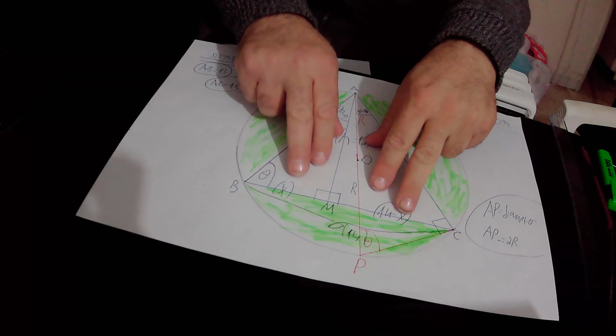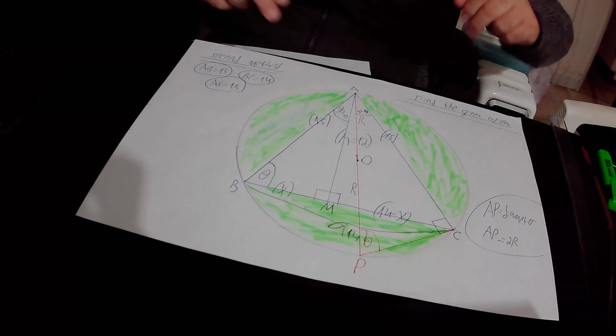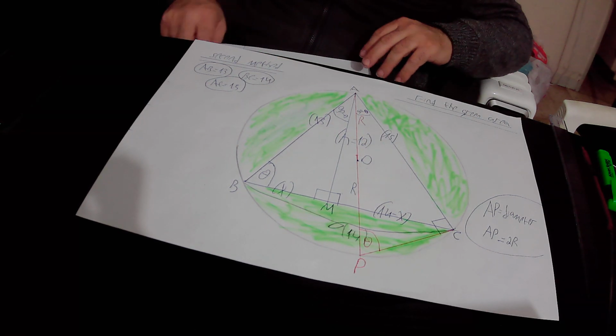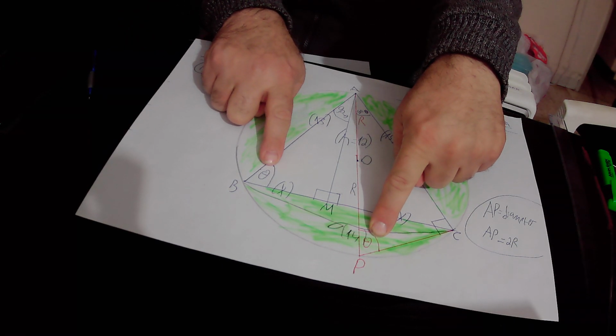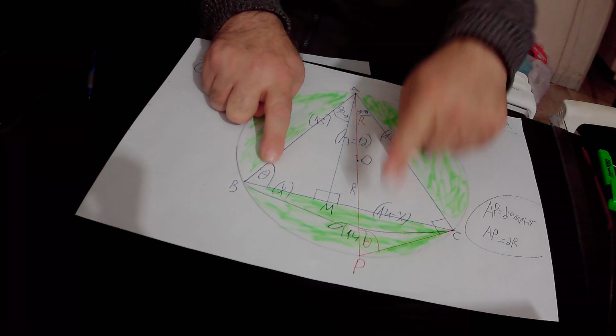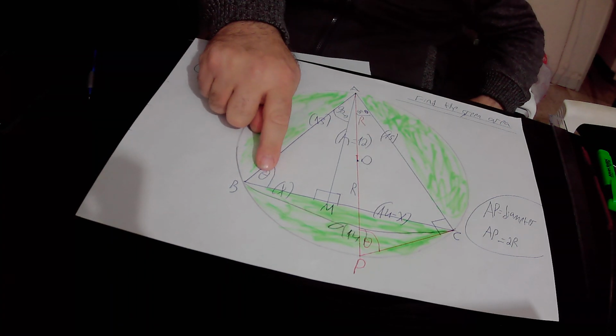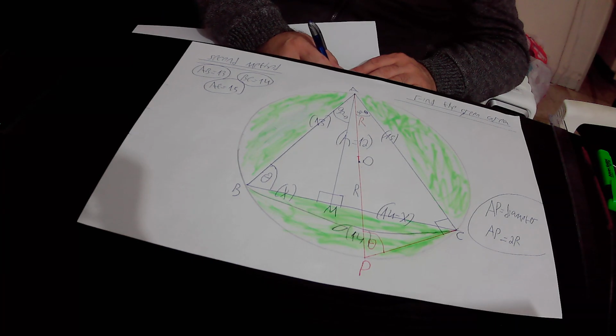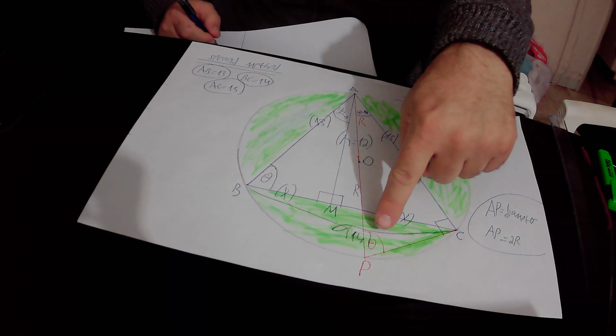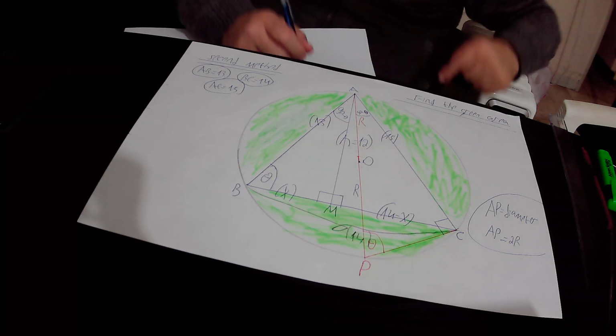So why are those two right triangles similar to each other? First of all, those two angles are both equal to theta, therefore they are equal to each other. So I write it down. This is angle ABM, and it is equal to this angle, that is actually angle APC.